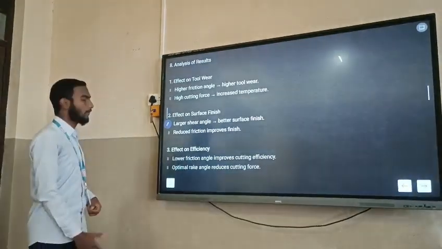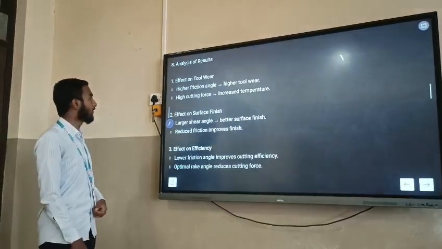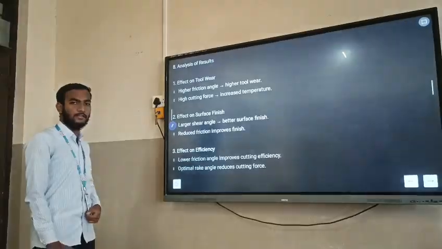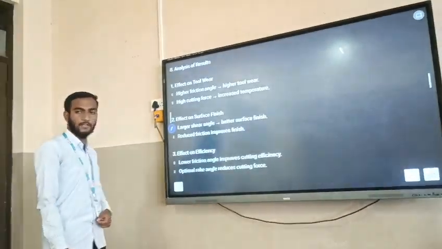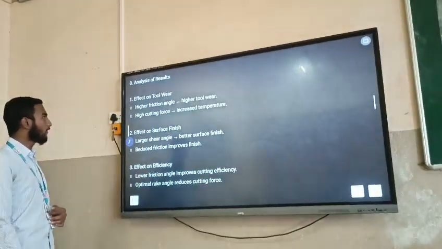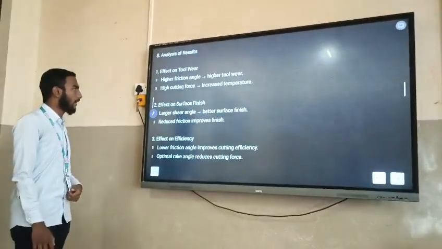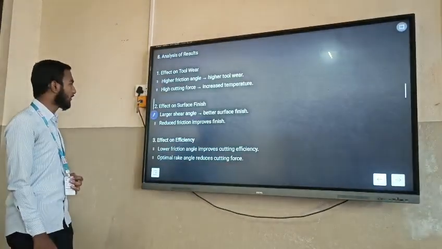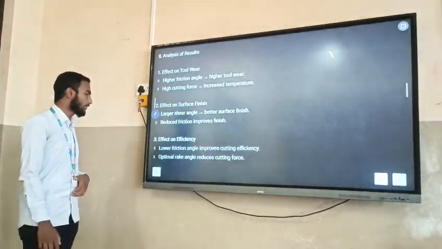Next, by following the analysis, the results will come. First is the effect on tool wear. If we get a higher friction angle, then we will get higher tool wear, and if we get a high cutting force, then we will get an increase in temperature. Next is the effect on efficiency.